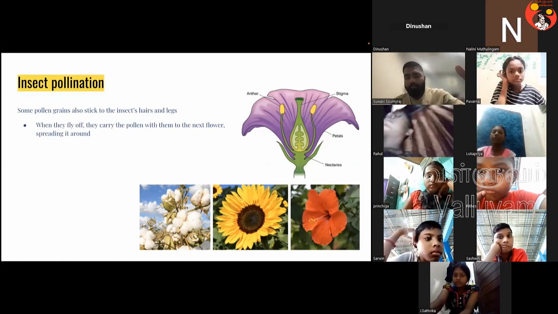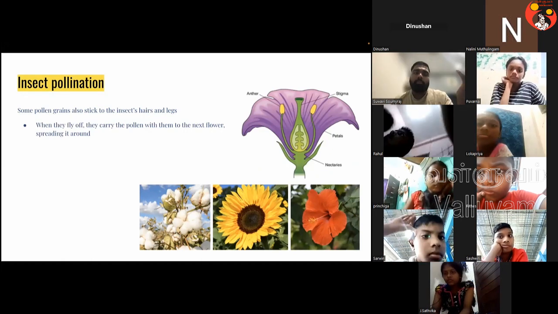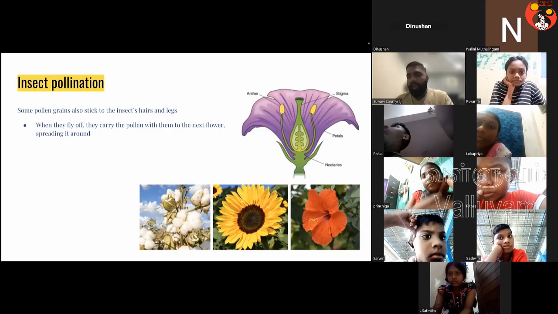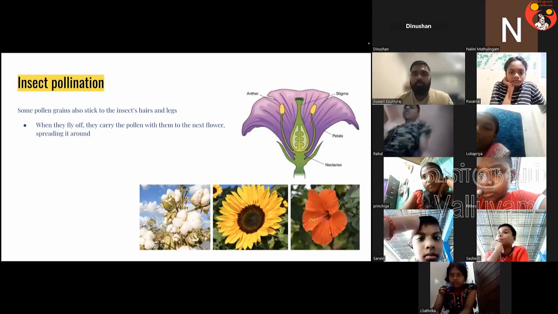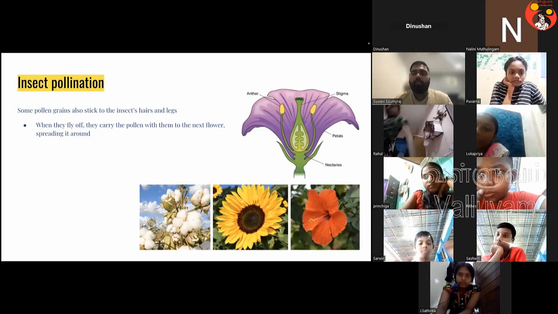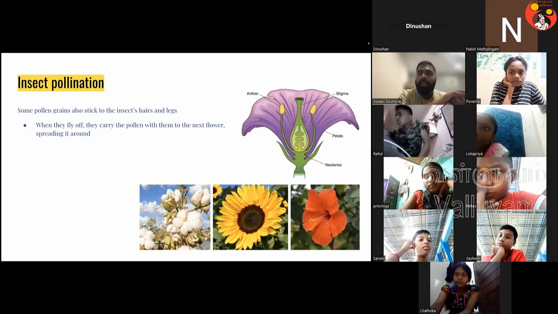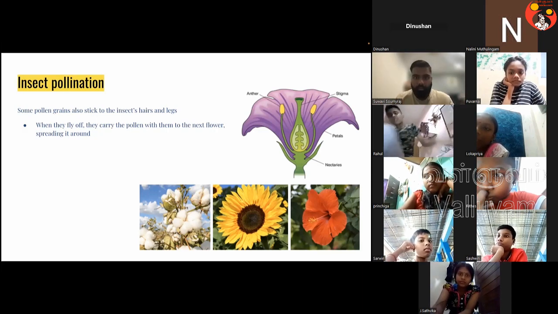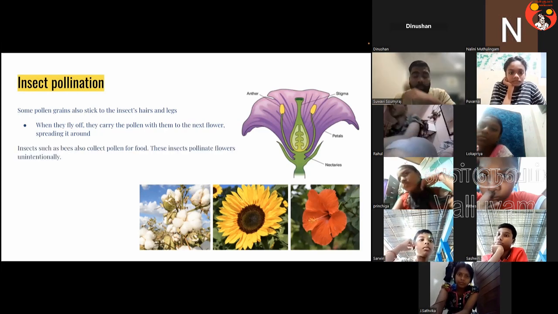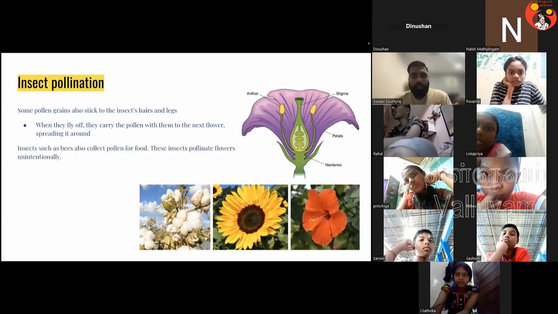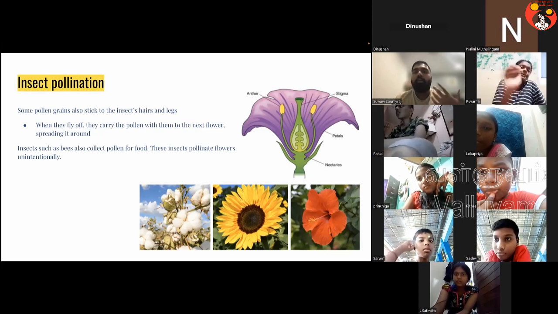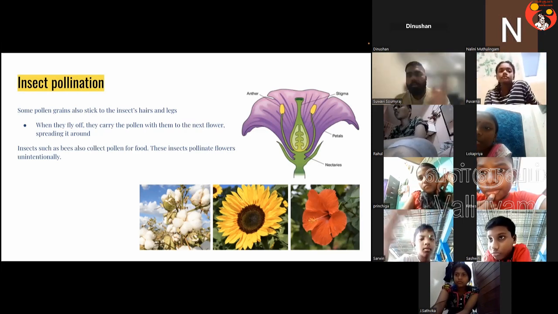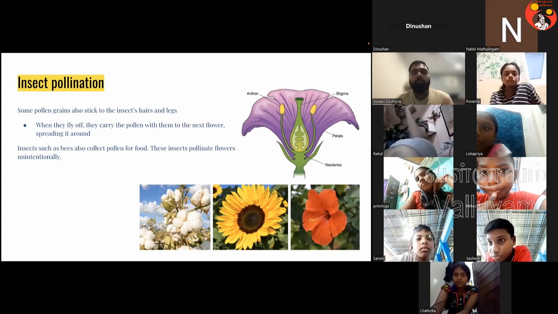As they fly off, right, they may be able to take the pollen from flower A and move it to flower B, which again initiates the process of reproduction because the pollen from the anther is going into a stigma, just a different stigma. Now, some insects, like bees, collect pollen for food. As they do this, again, unintentionally, pollination can occur because they're creating the movement of pollen from one to another.